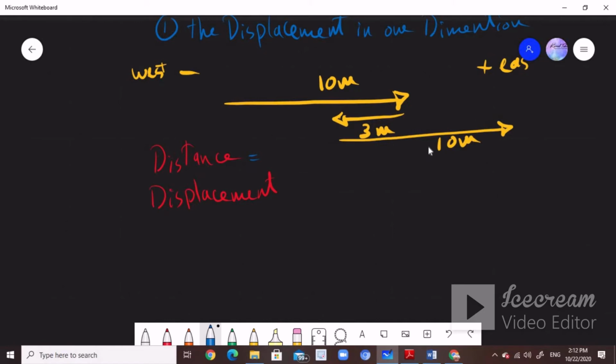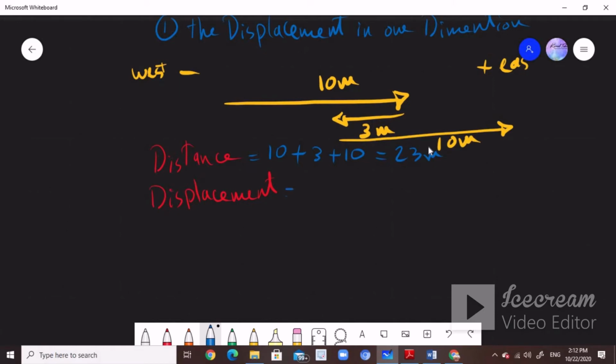That is the distance. It's a scalar quantity. Now 10 plus 3 plus 10, without direction, guys, equals 23 meters. You don't write east, west or anything else, no direction here.